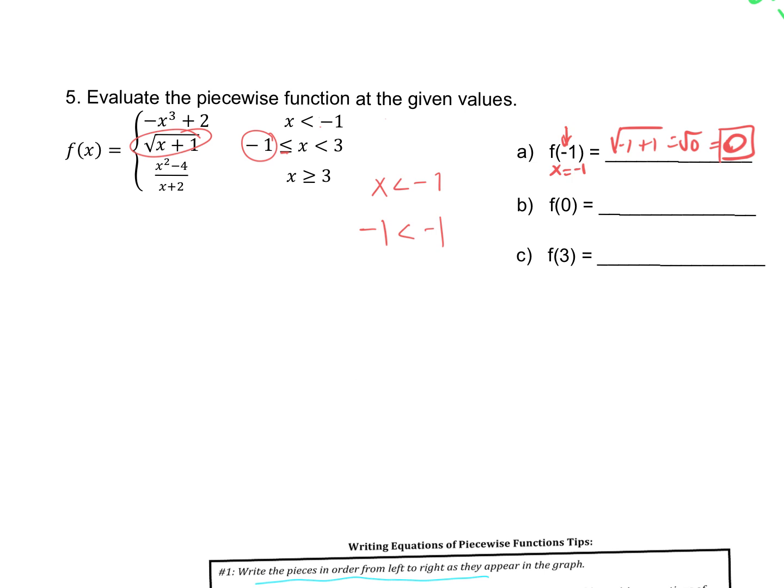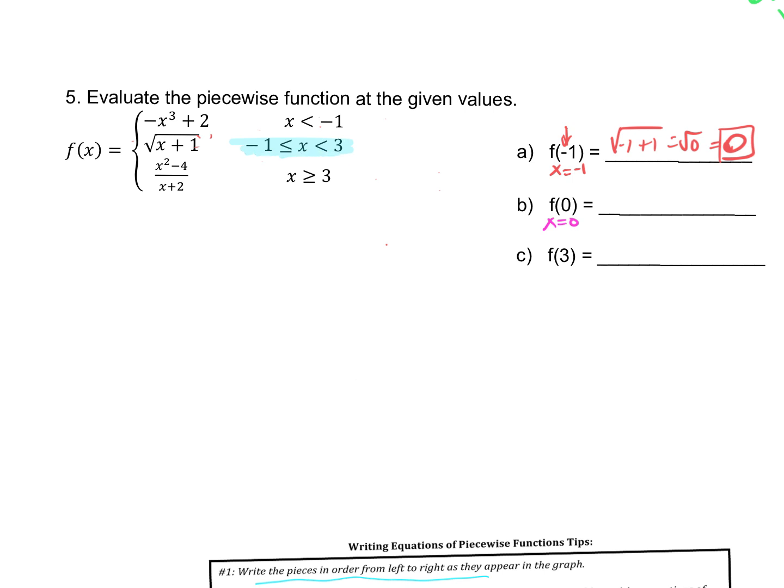Okay, so now let's do the next one, when x equals 0. I don't see any zeros, but hopefully you see where it could go. Where is 0 located within all this domain? Well, 0 is located only between this part right here.